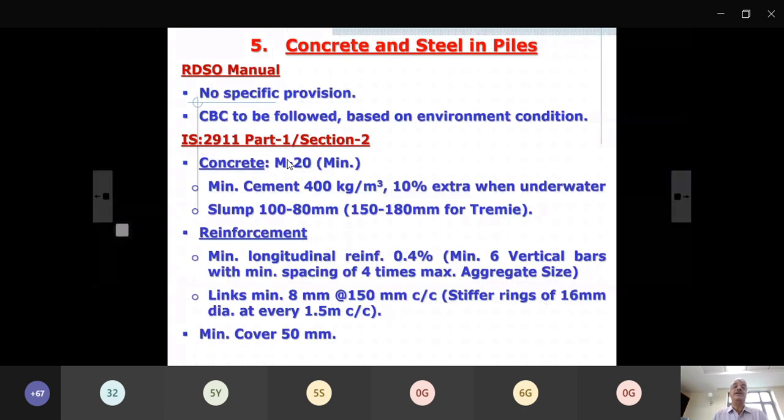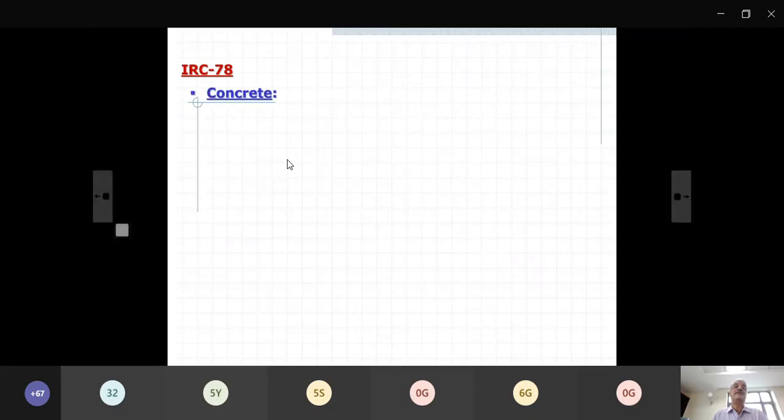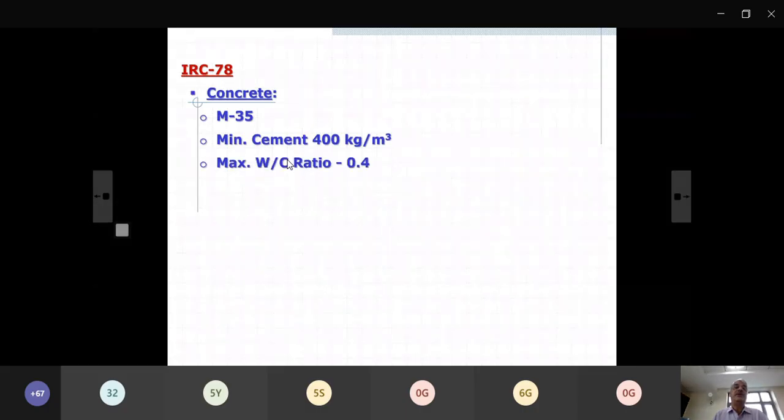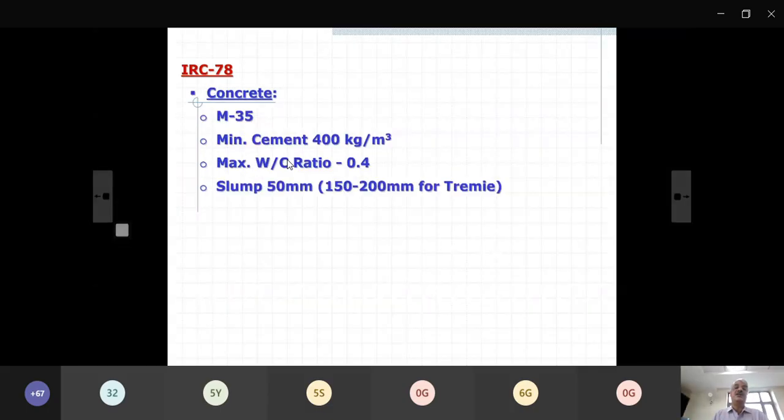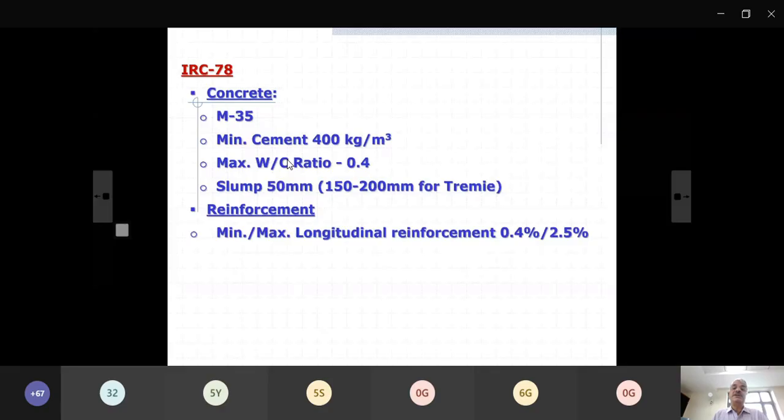This is the IS code provision, and the IRC provision is concrete should be M35, minimum cement content 400 kg per cubic meter, maximum water cement ratio 0.4, slump 50 mm minimum, and for tremie 150 to 200 mm. Reinforcement minimum 0.4%, maximum 2.5%.